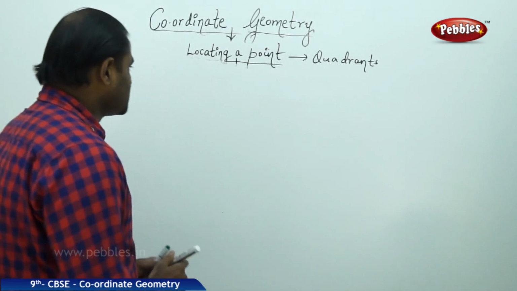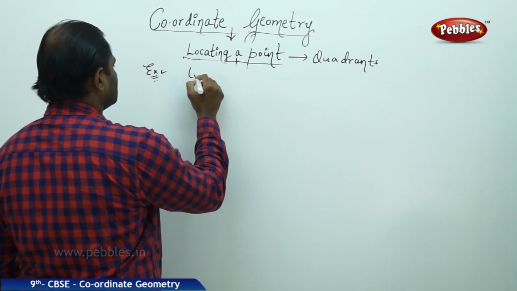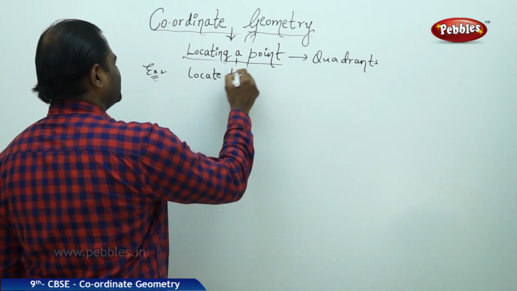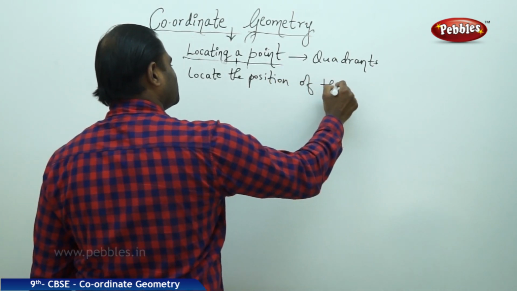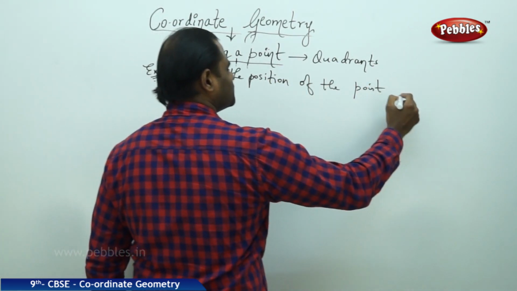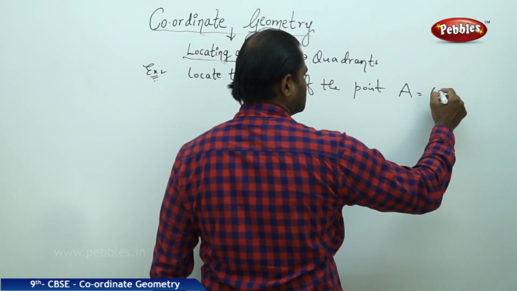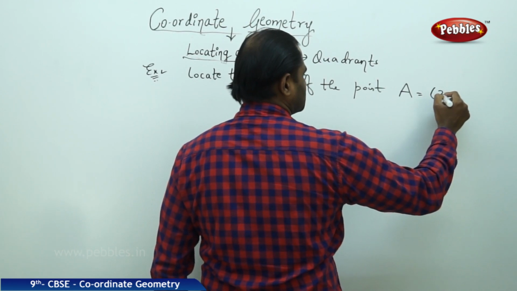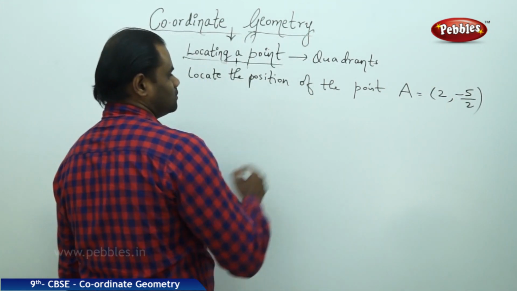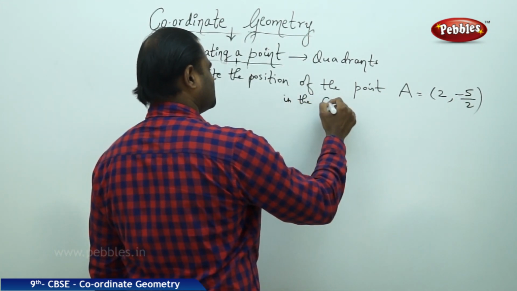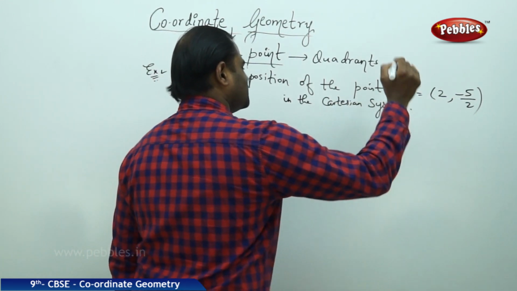Let's take an example in which my question says, locate the position of the point A equals 2 comma minus 5 by 2 in the Cartesian system.